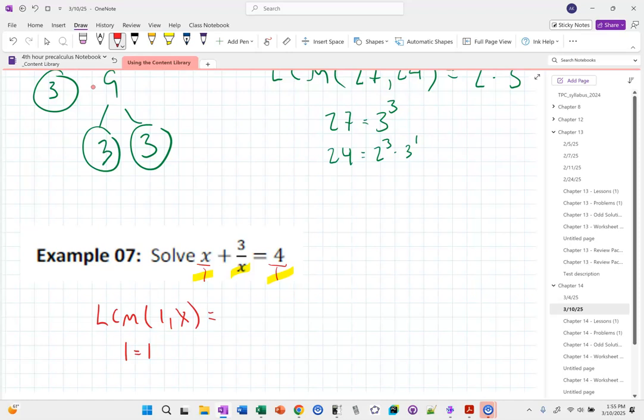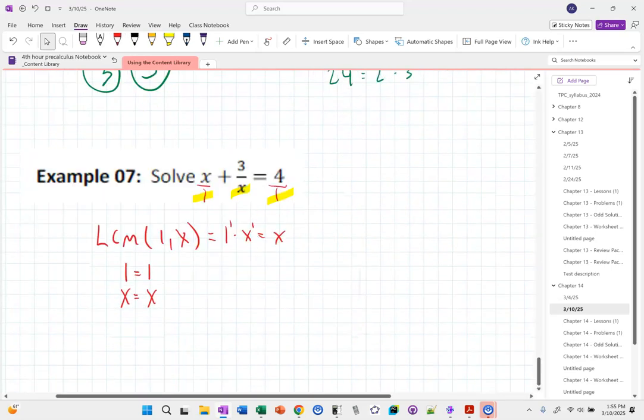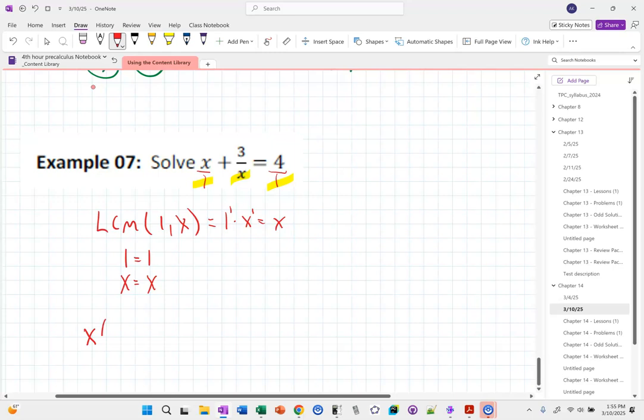There's no prime factorization to do there. Everybody's good with that? Can we factor x at all? No, right? That's a prime polynomial because it's not factorable. So my least common multiple is just going to be 1 to the first times x to the first, or just x. Everybody's cool with that? So that's what I'm going to multiply both sides of my equation by, is x.